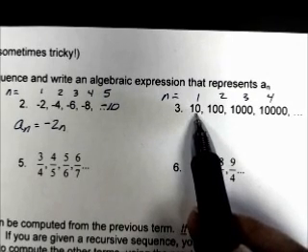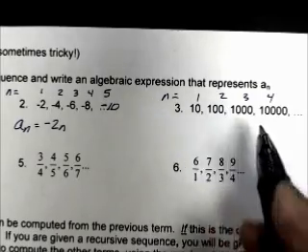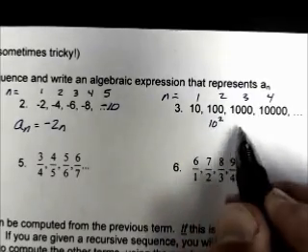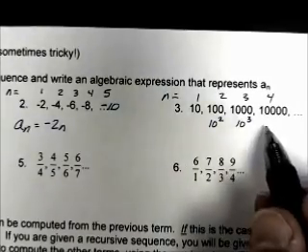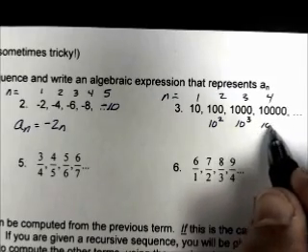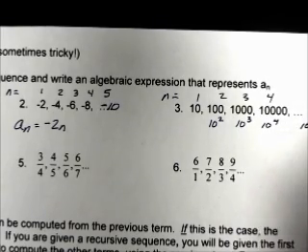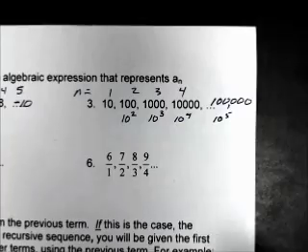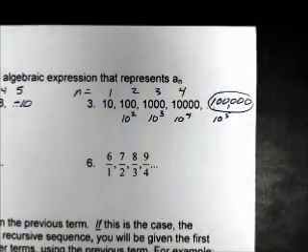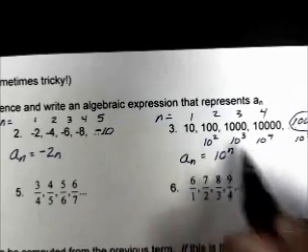If I take 10 and raise it to the first power, that will give me 10. 10 to the second is 100. 10 to the third is 1,000. 10 to the fourth is 10,000, and 10 to the fifth would be 100,000. So our next term is 100,000. And our expression is a sub n equals 10 to the n.